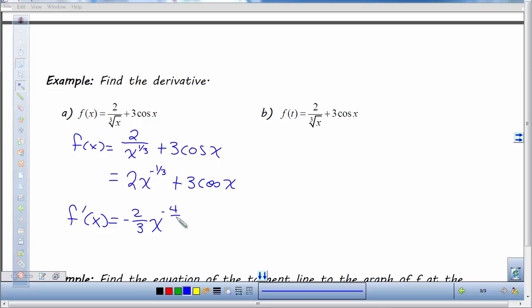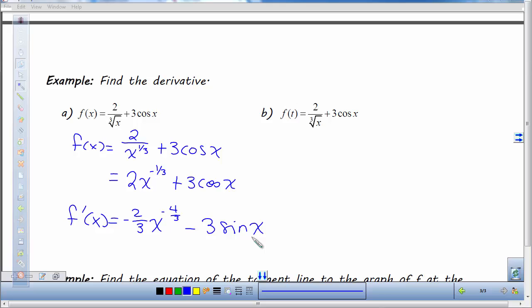That's negative 1/3 minus 3/3, which gives us negative 4/3. The derivative of cosine is what? Very good. So this is going to be minus 3 sine x. And that's our derivative. Questions about that one?